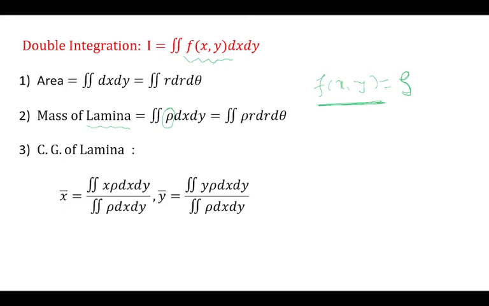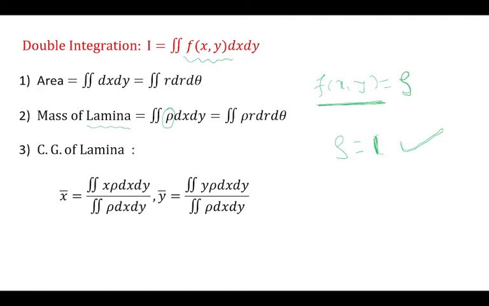The density of a lamina is a variable density. Whenever the density is not given in a question, always take the density as 1. But in many questions, the density is given, like density varying as the square of abscissa.